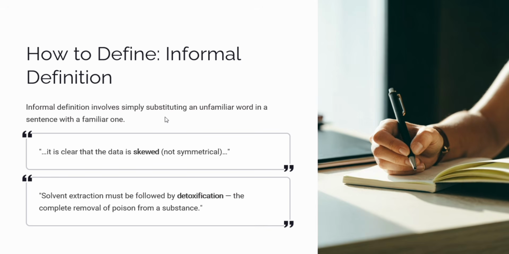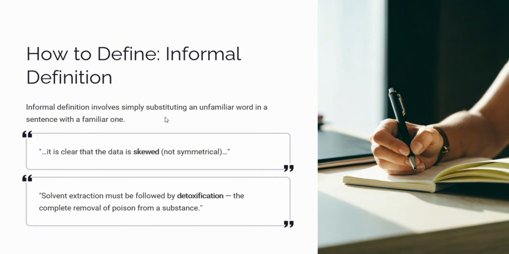So how do we define? There are three basic ways that we define words in technical writing. The number one way, please take note of all of these things I'm telling you.